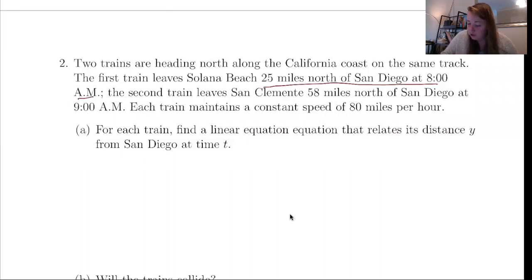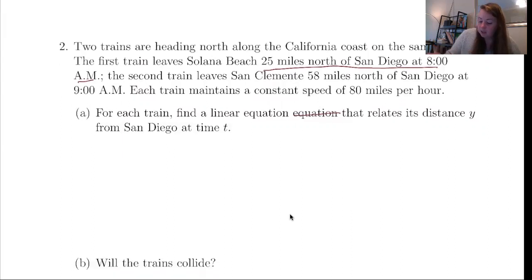All right, so for each train, find a linear equation that relates its distance y from San Diego at time t. So let's call t equals 0 8 a.m. Okay, just to keep everything linear. Just like that problem we were talking about where I think noon was when x equals 0.